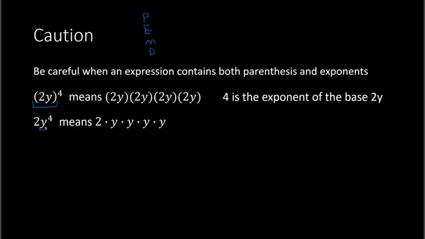So that means after your exponent, after y to the 4th, at that point, that is when you multiply by 2. Alright, so make sure that you are understanding that the exponent goes to whatever it is next to. So if it's next to the parentheses, it goes to everything in parentheses. If not, like in this case, it's just going to go to the y. Alright, so 4 is the exponent of just the base y.